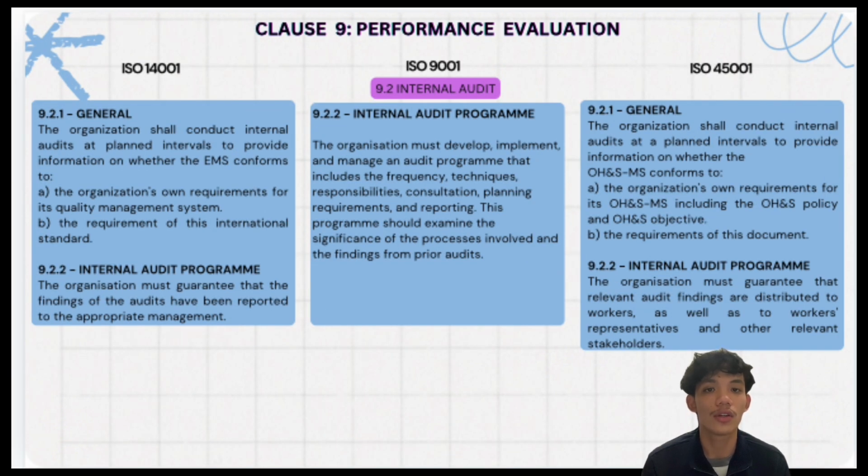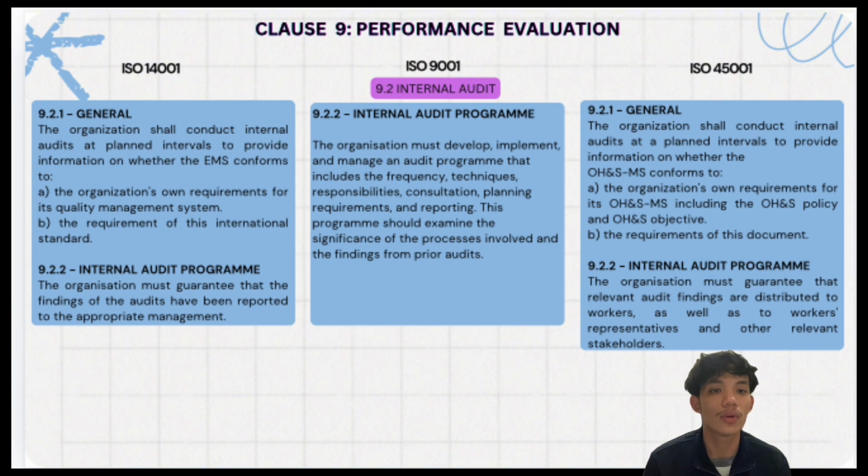In ISO 14001, 9.2.1 General, the organization shall conduct internal audits at planned intervals to provide information on whether the EMS conforms to the organization's own requirements for its quality management system. Next, the requirements of these international standards. In 9.2.2 Internal audit program, the organization must guarantee that the findings of the audits are reported to the appropriate management.